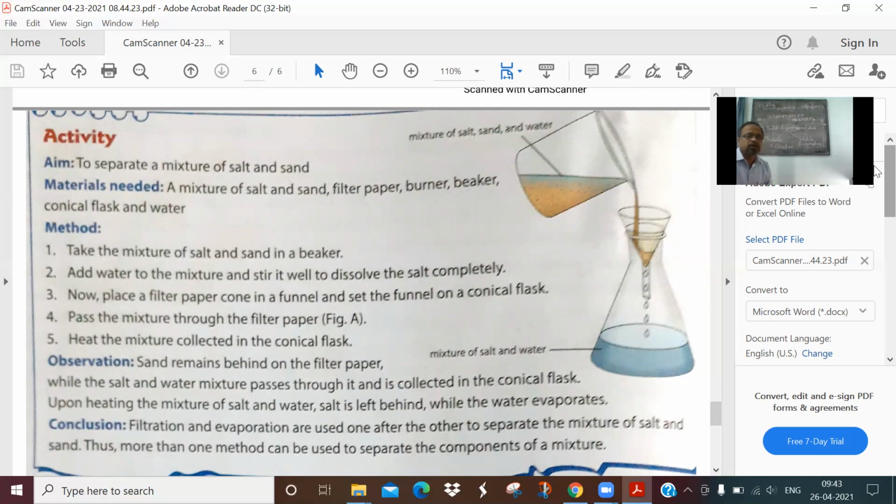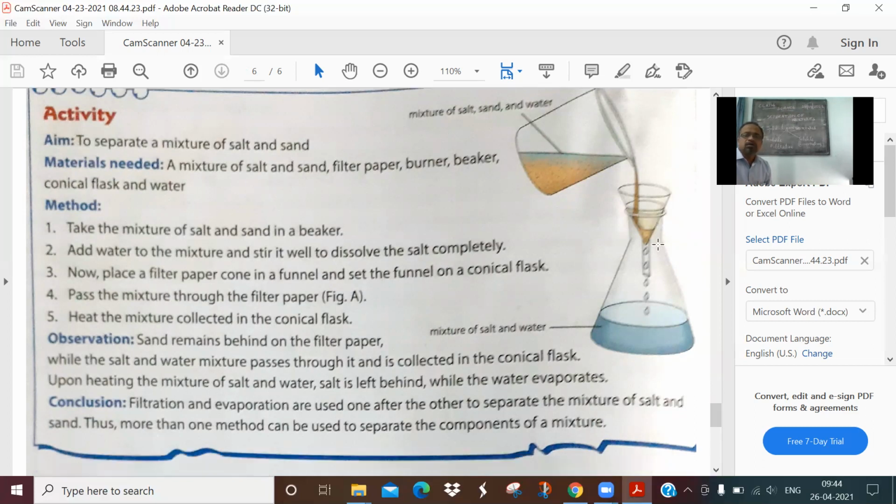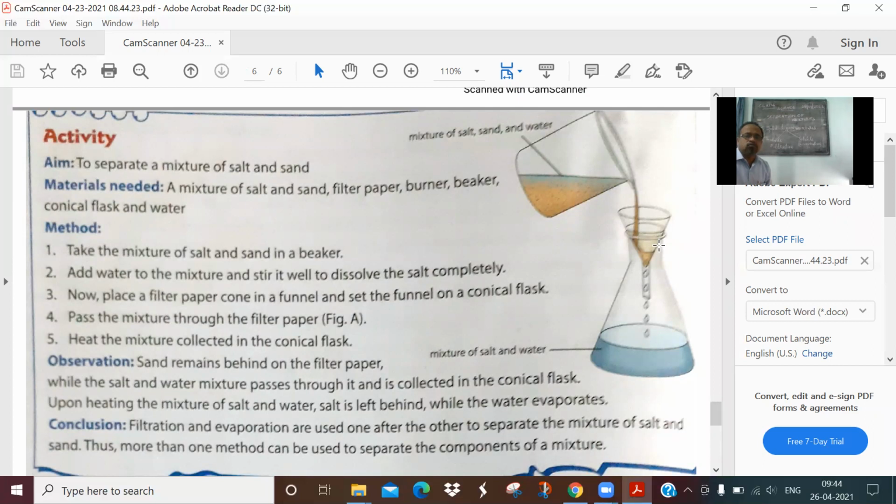Now, pass the mixture through the filter paper. You see that all the sand is collected in the filter paper. Only the liquid containing salt dissolved in water is allowed to pass through it. The mixture of salt and water is collected, as in this blue color, whereas the sand is collected in the filter paper.